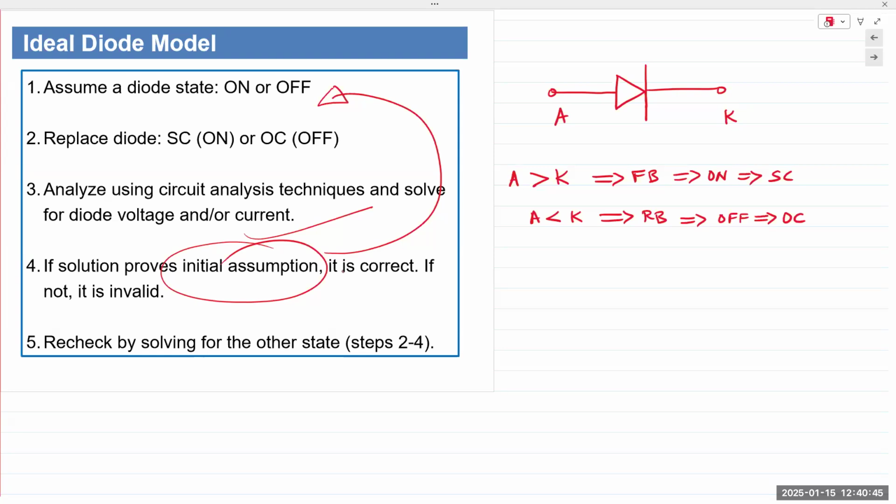If it's on, voltage should be equal to 0. And if it's open, current must be 0. We'll solve a few examples so that you can understand exactly what this means.